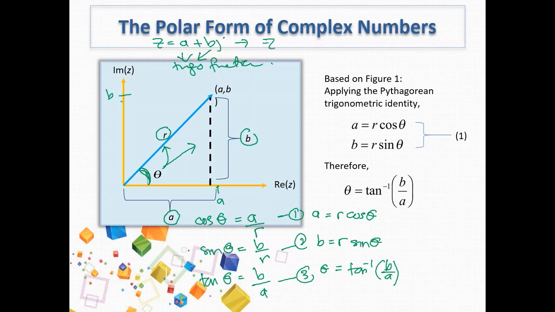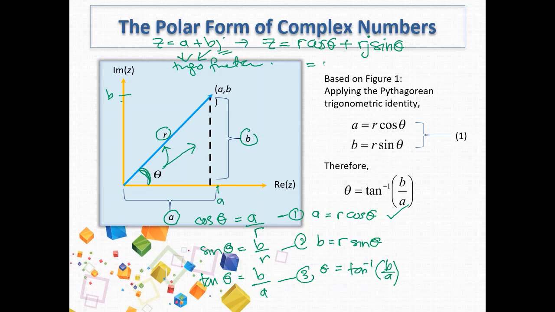Okay, so now we can express our z into polar form. So z is equivalent to, what is a here? A is r cos theta. And what is b there? Plus b is r sine theta. Don't forget your j here. To avoid confusion with the letter, I put j in front of the trigo function.